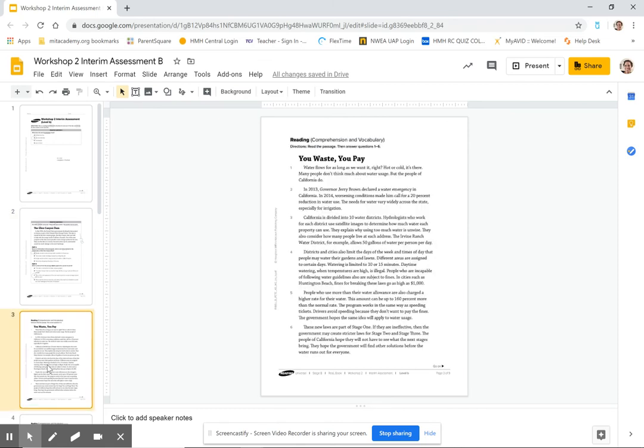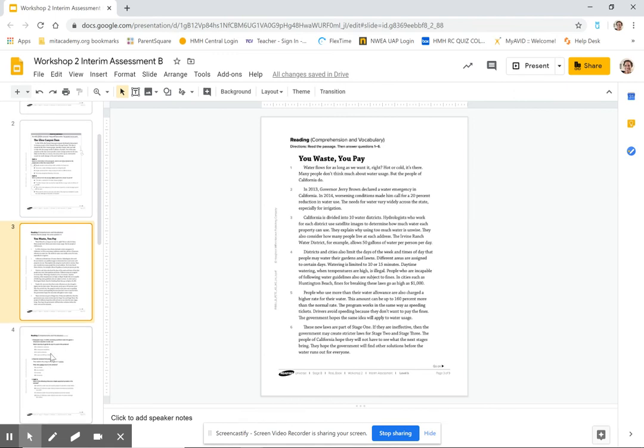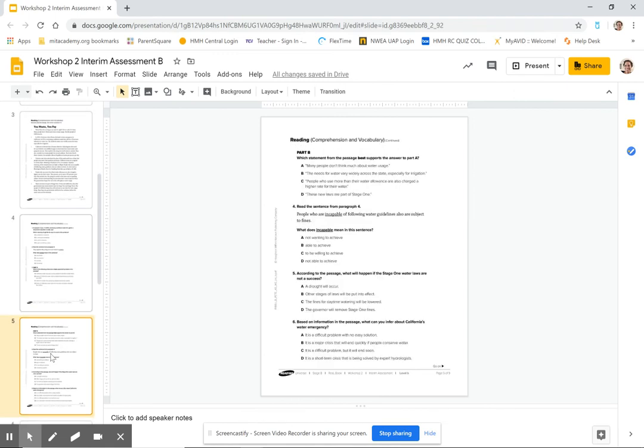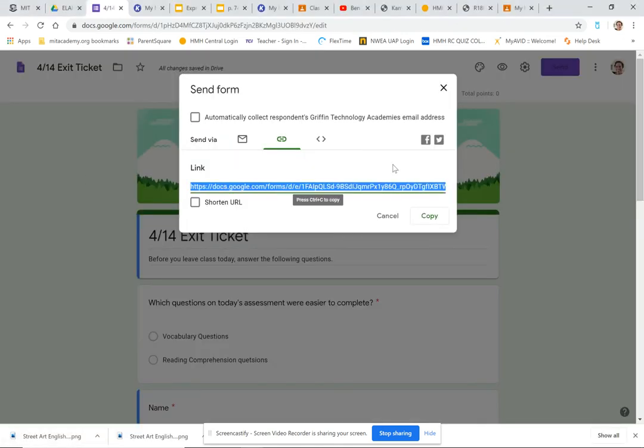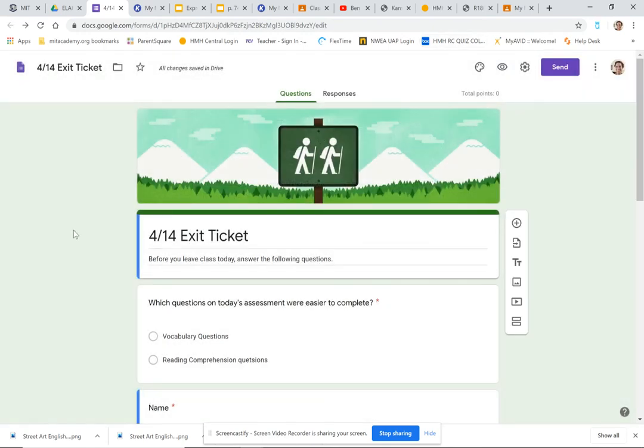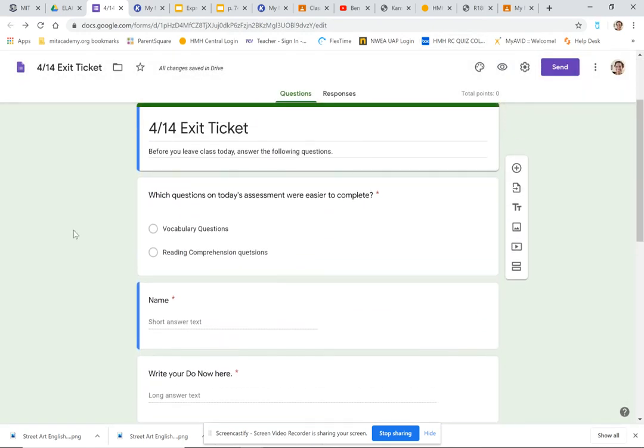So please go through and practice your exit ticket today. You will be answering an exit ticket where you're going to describe what was most difficult about today's quiz and what was easiest about today's quiz.